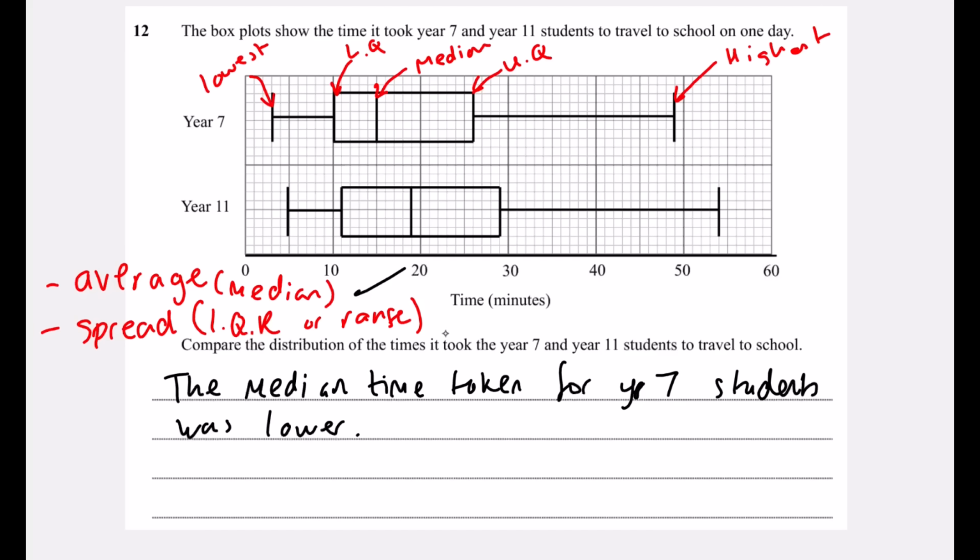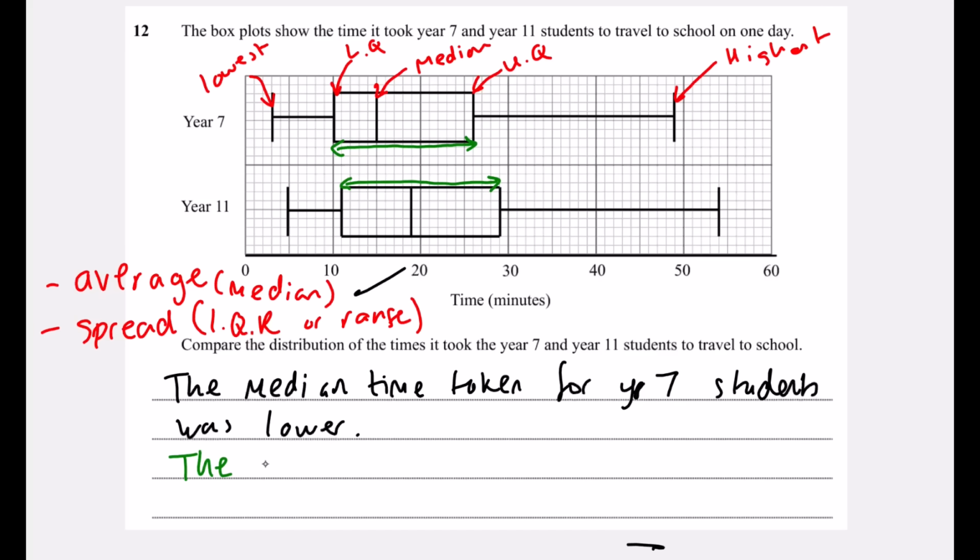Now let's do the spread. So the interquartile range or the range, they're both bigger for the Year 11 students. So both the interquartile range, which is this distance here between the upper quartile and the lower quartile, or the range, they're both bigger for the Year 11 students.